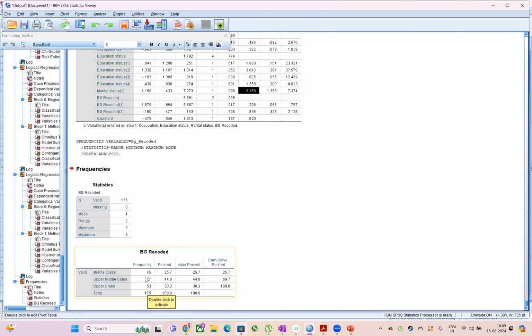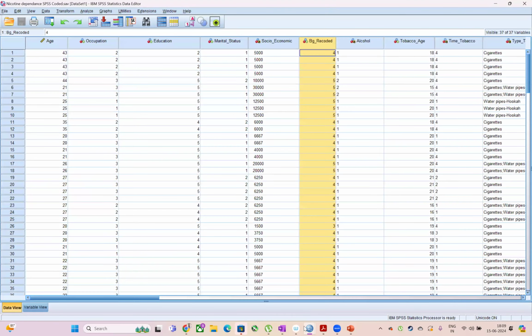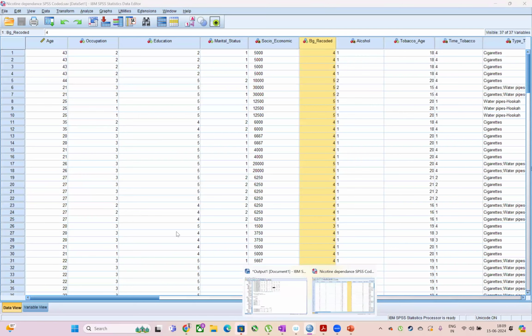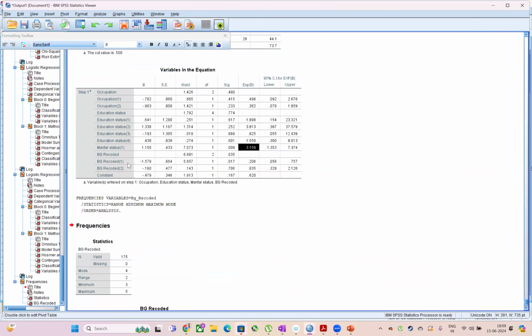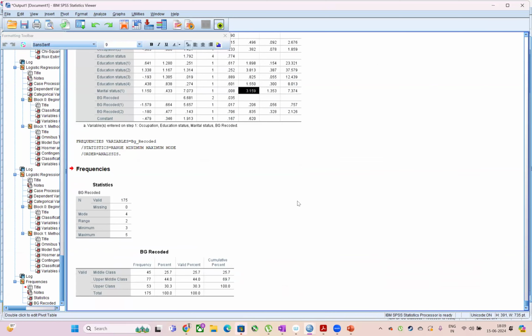If I go back over here, this one denotes middle class, and this 2 denotes upper middle class. So only middle class is found to be statistically significant, not the upper middle class.